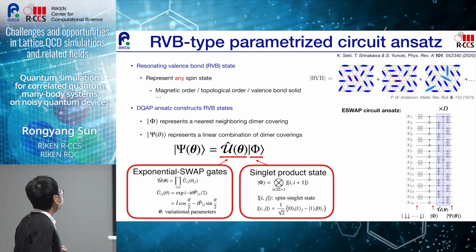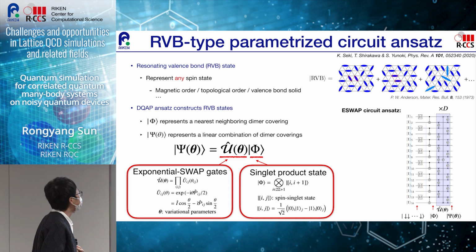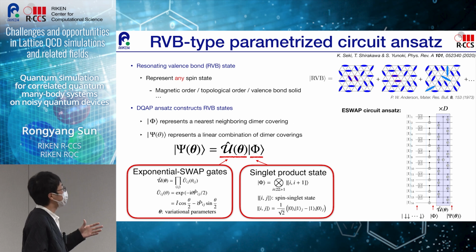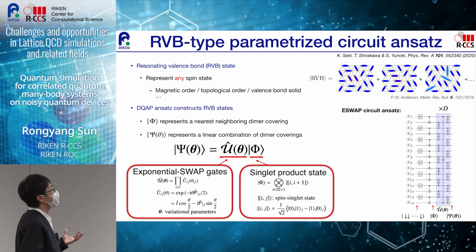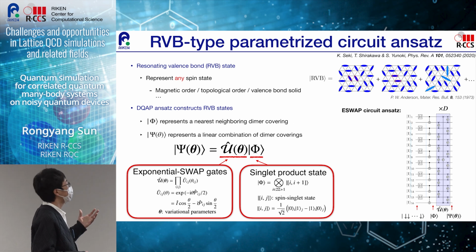Physically, this E-swap circuit ansatz forms something called a resonating valence bond, RVB, state, and we know that in the study of quantum magnets, the RVB state is a very important ansatz wave function. It can represent any spin state, from magnetic order to electric order, and also valence bond solid states.